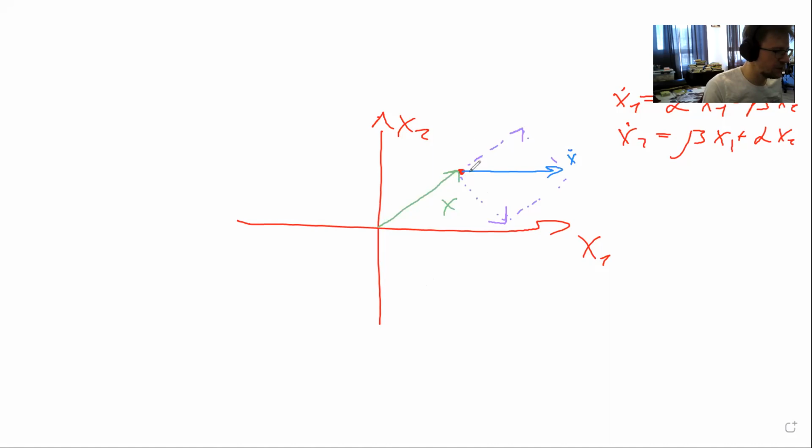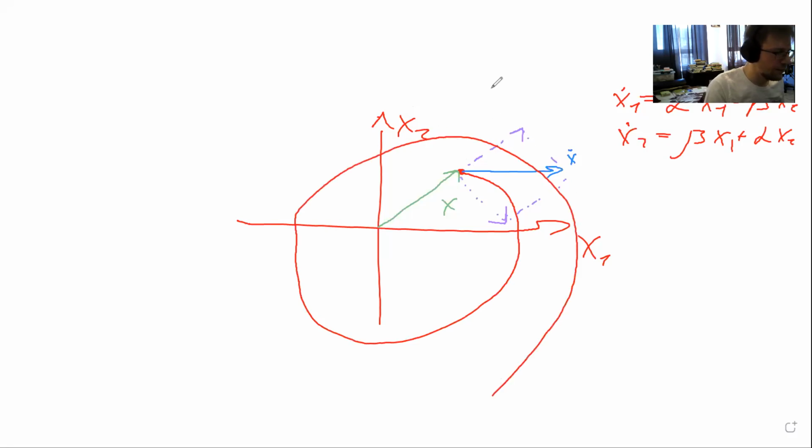So if, for example, like in this case, as drawn here, x is going to evolve kind of like this. Because you see, it's going to rotate this way and increase in size. So it's going to increase like this.